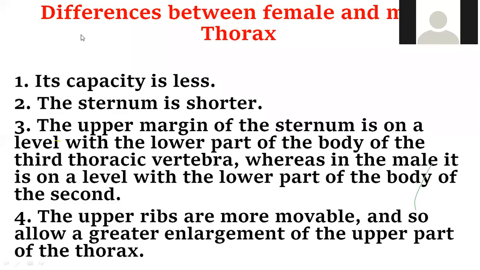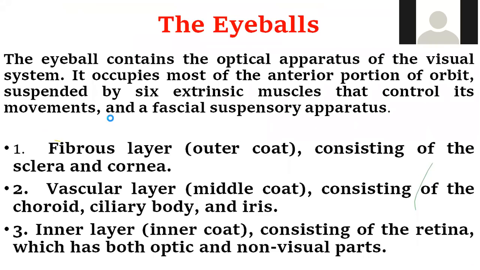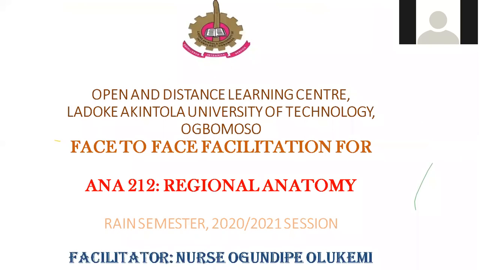Actually, some part of the ethmoid also forms part of the facial bone, though the bulk of it is on the bones of the skull. Because there is a portion of it that also forms part of the facial bone, that is why it was mentioned.